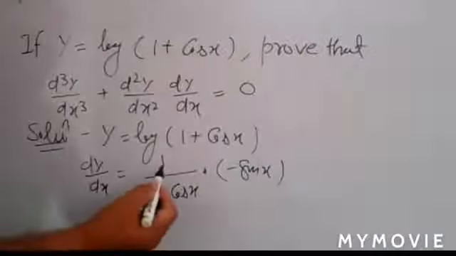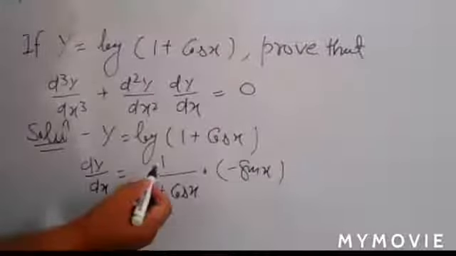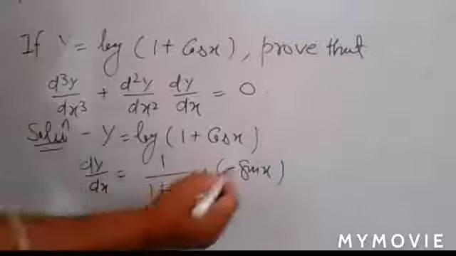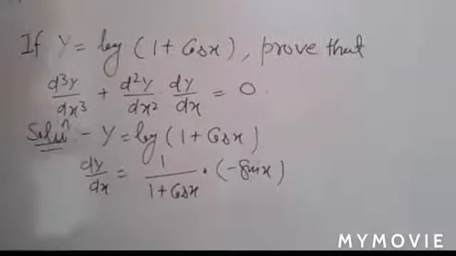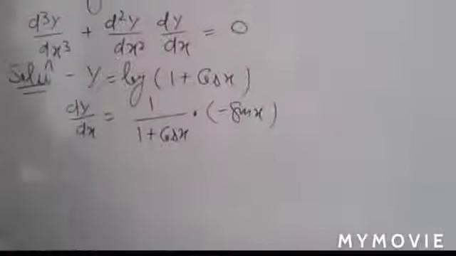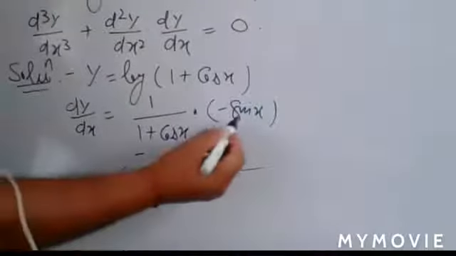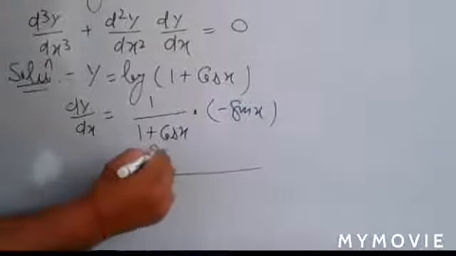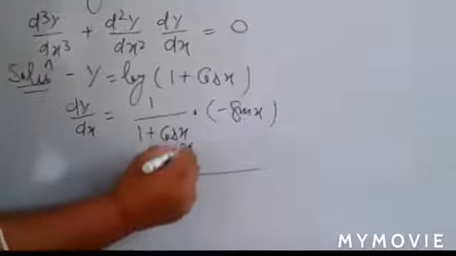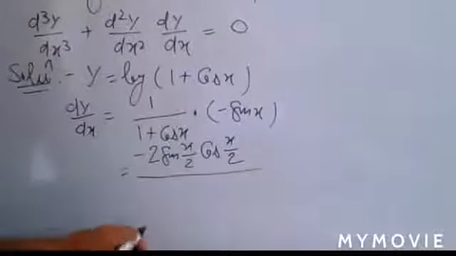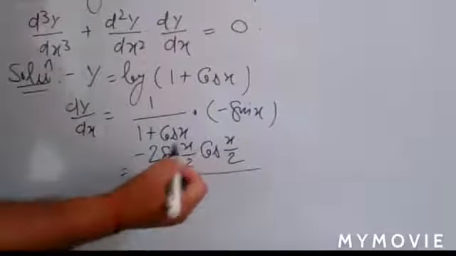So that gives the derivative of log of 1 plus cos x. Now here you apply identity and reduce it to the simplest form. So write minus, and in place of sin x you can write 2 sin x by 2 cos of x by 2.